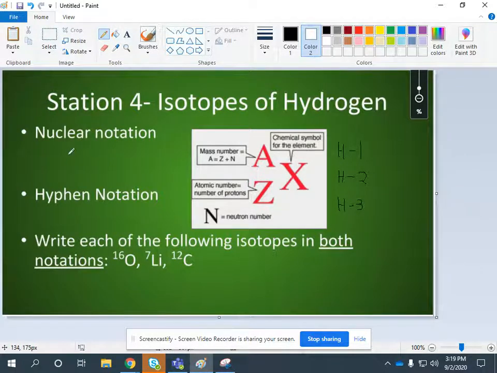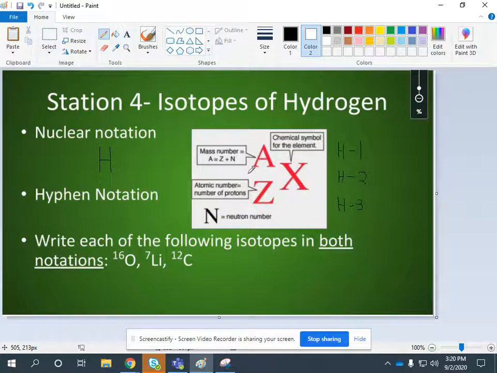Now, when we're writing out nuclear notation, we're going to use these instructions that you see here in this diagram. The first step is to write the symbol of the element. Well, if I look at the periodic table, hydrogen's symbol is big capital H. So I'm going to write big capital H. Now, the number that goes on top is the mass number.